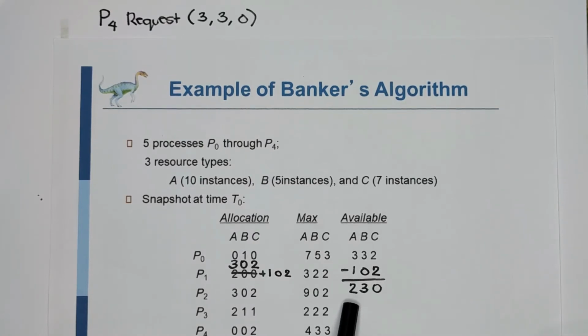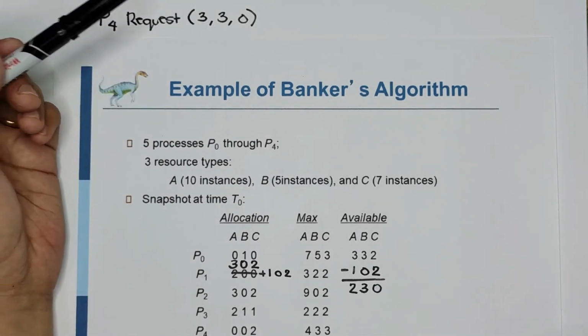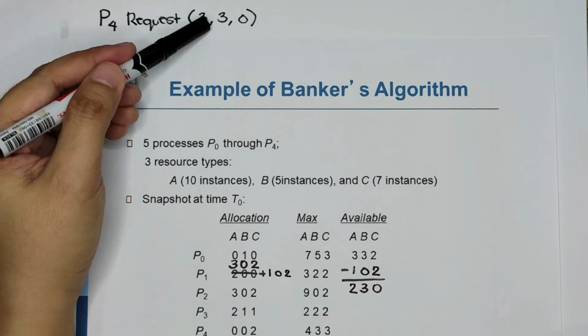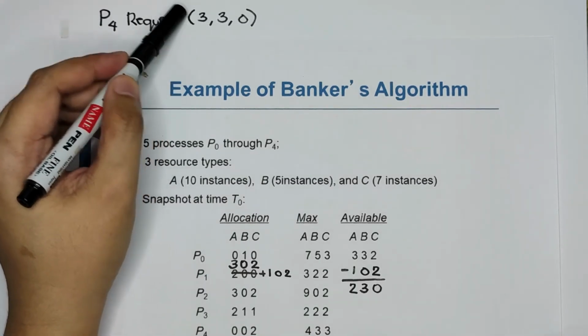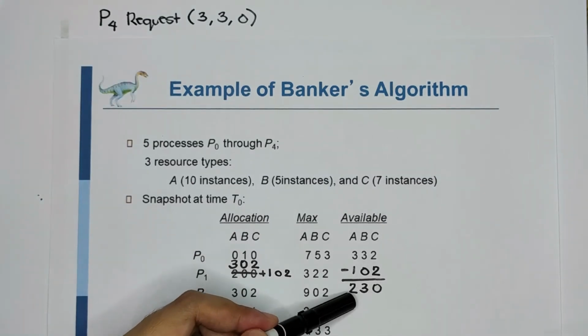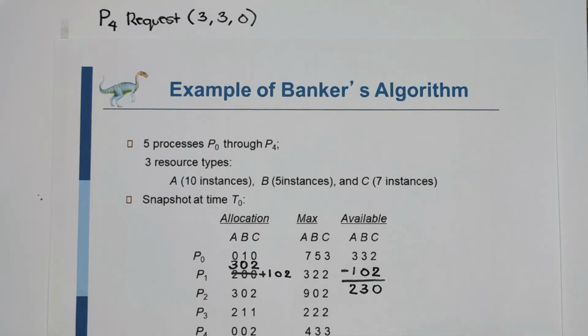Actually, as you can see, for resource A, it's not enough, because the requested resources here is greater than what is available. So, our answer here is we can state that no, because there is not enough resource available. So you can answer that.